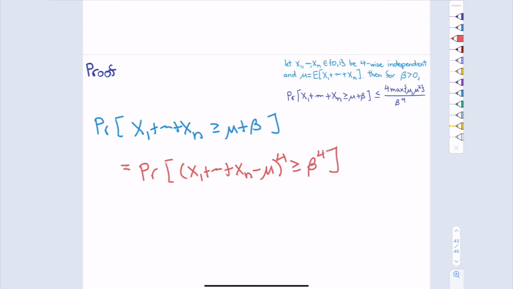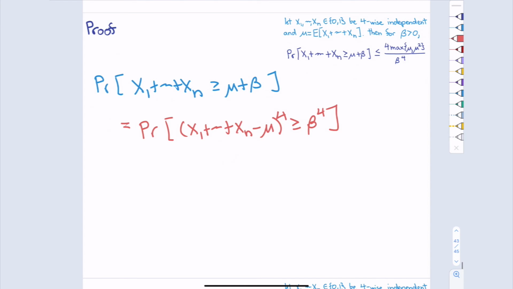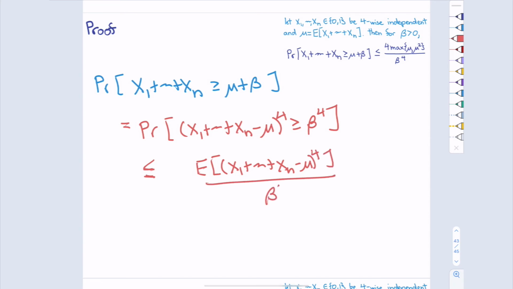And to this quantity we'll apply Markov's inequality. So if I apply Markov's inequality to the 4th power, then I'll get something like this. You see the beta to the 4th already appearing in the denominator.